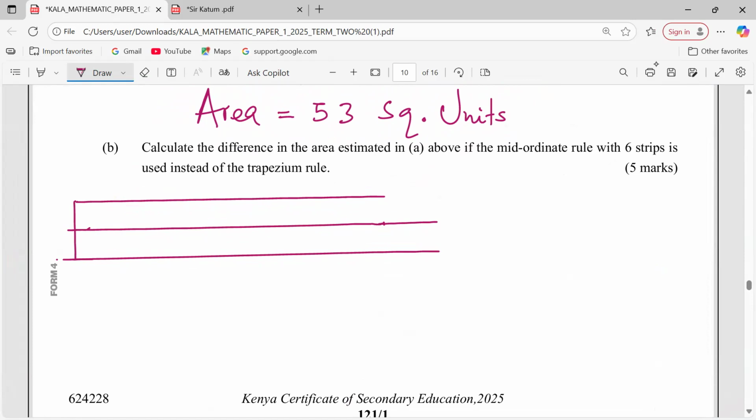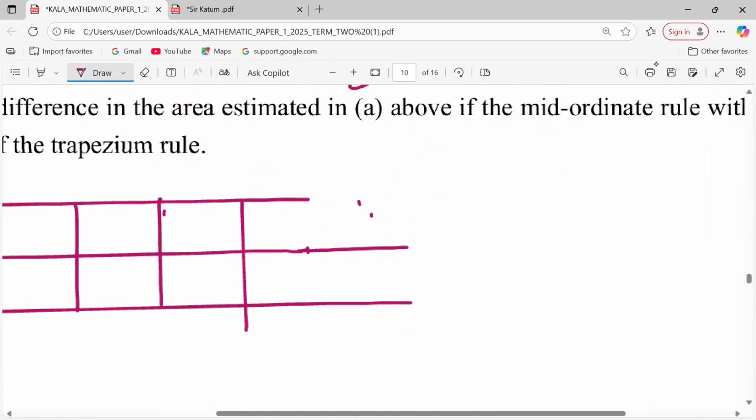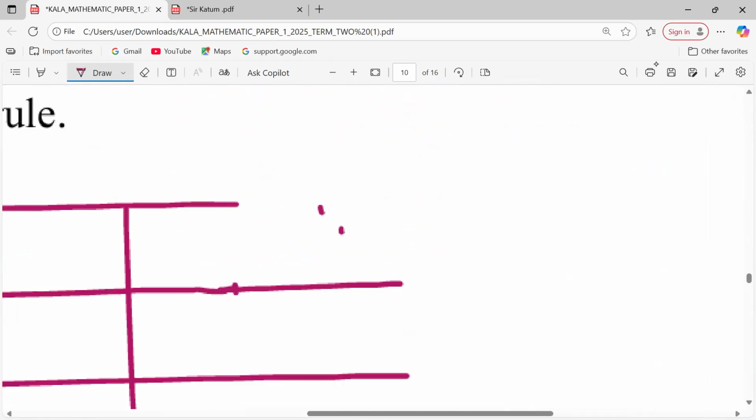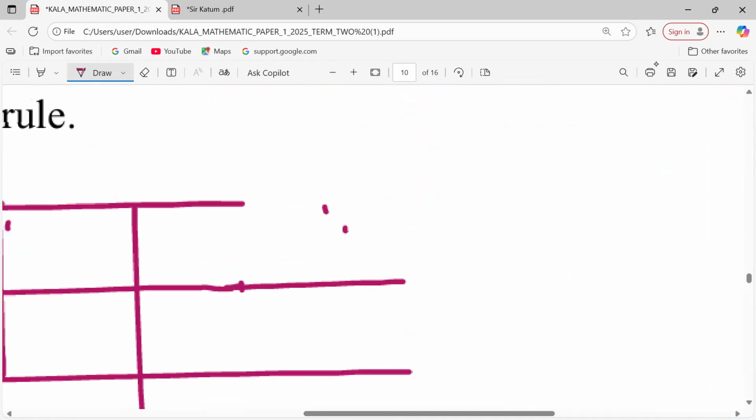Let me show you the difference between mid-ordinate and trapezium. Once I'm done with the table, I'll take you through the difference between the mid-ordinate and the trapezium rule.